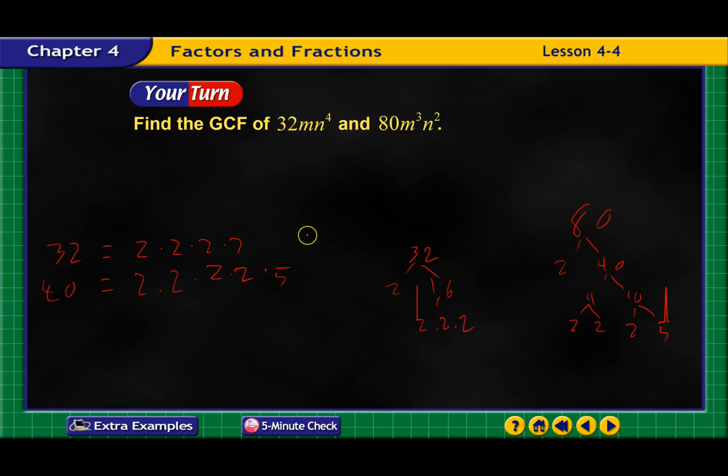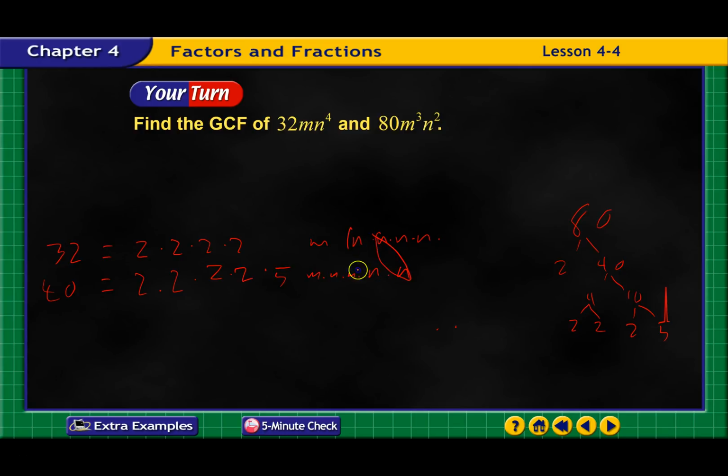All right, then 1 m for 32 and 4 n's. Figure these are going to run into each other. I think technically I do have an eraser here. Then I have 3 m's and 2 n's.